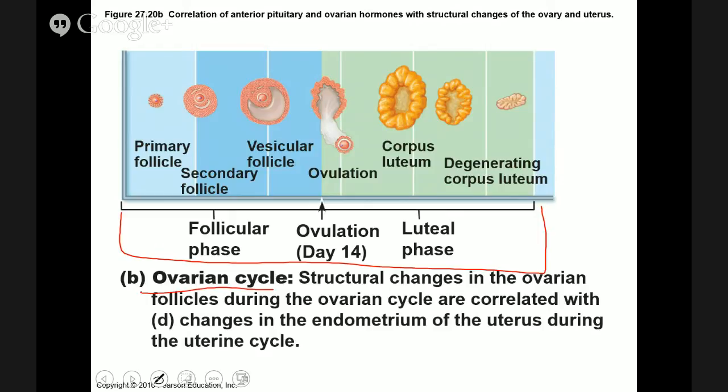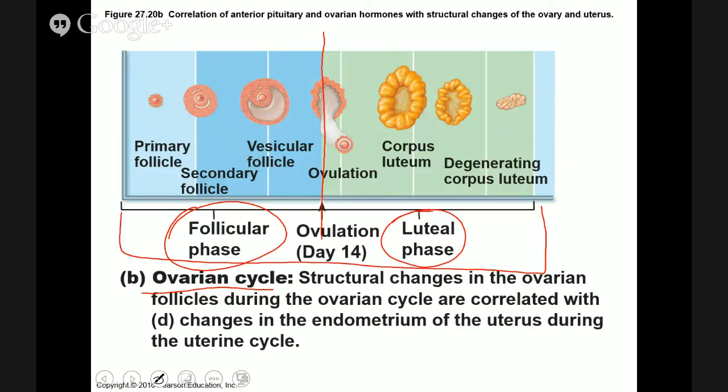And right smack dab in the middle of it is ovulation. So prior to ovulation, we're developing the follicle. So that's called the follicular phase. And then after ovulation, we have the development and the presence of the corpus luteum. So that's why we call it the luteal phase.